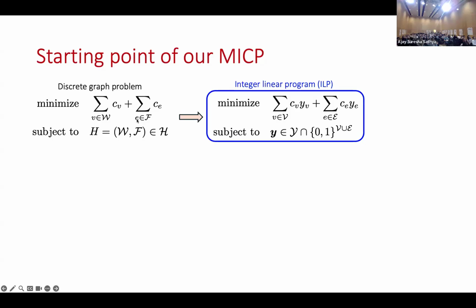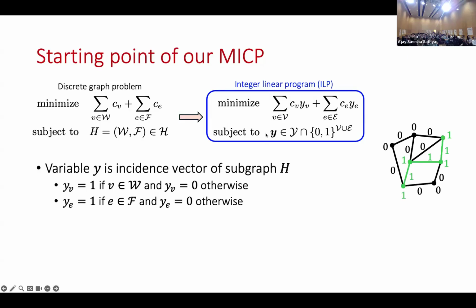So the one here on the top left is the problem over the ordinary weighted graph, the purely discrete combinatorial problem, where we were looking for a subgraph of minimum cost. We can reformulate this as an optimization problem with binary variables, 0, 1 variables.